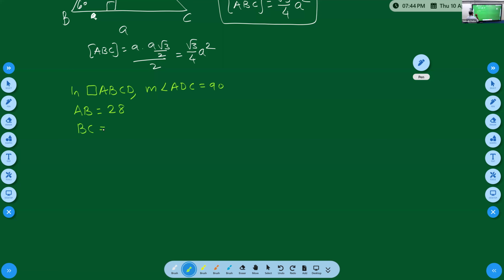BC is equal to 25. CD is equal to 8. DA is equal to 15. Find the area of ABCD.